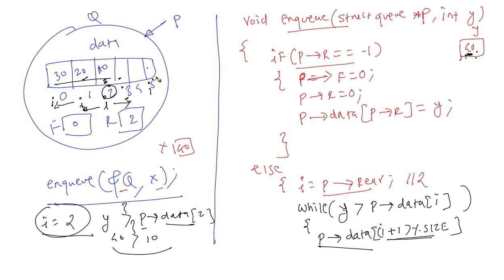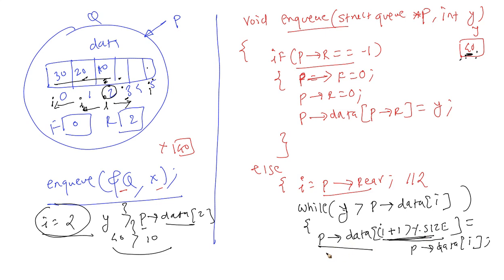Next location is 0, because we are using a circular queue. That's why I should use this formula for the next location: p arrow data of I plus 1 is equal to p arrow data of I. So this is slightly tricky, right?